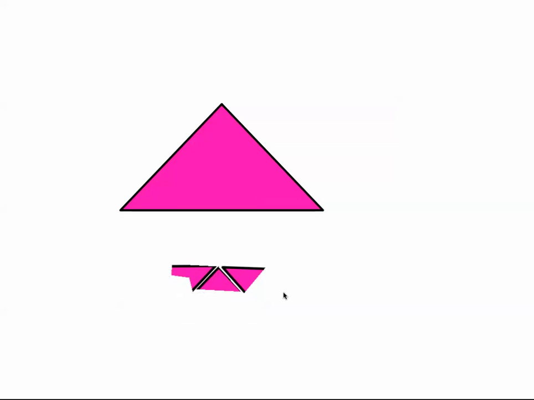So if I put these all adjacent to each other, do you see how together they make this straight line? How many degrees is a straight angle? This angle put together with this angle put together with this angle all together makes 180 degrees, makes a straight angle.